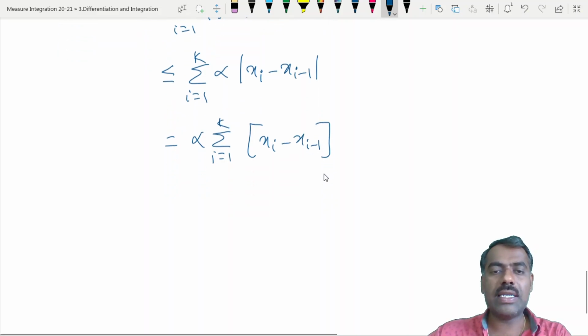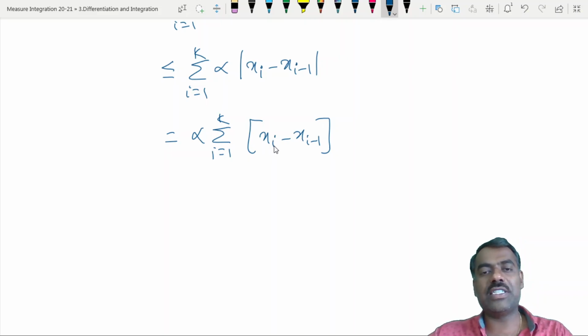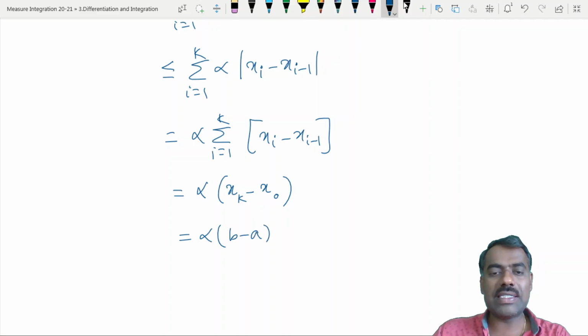But if you expand this finite series, all terms except the first term and last term will get cancelled. So this is alpha times xk minus x naught. Just like we have seen in the previous example, only those two will remain, remaining all will get cancelled. That is the same as b minus a, right?